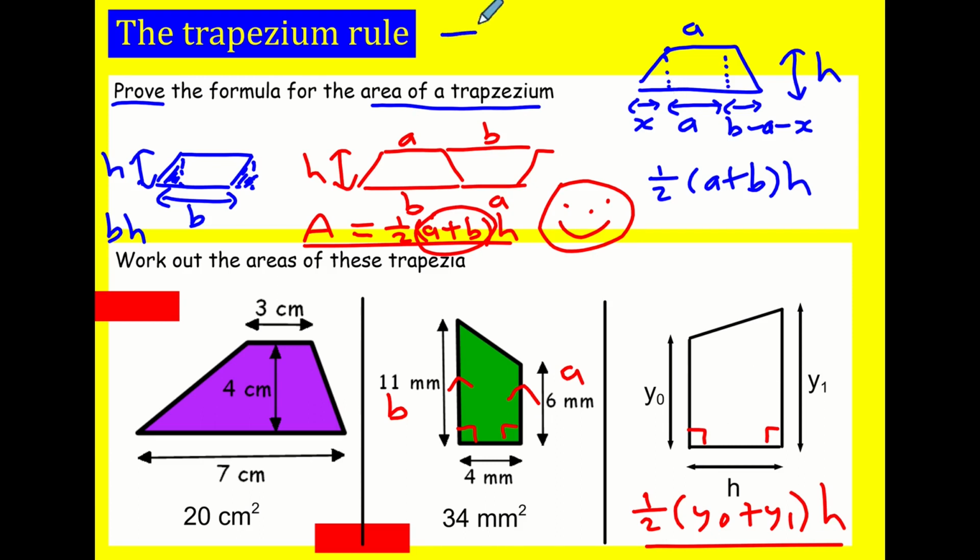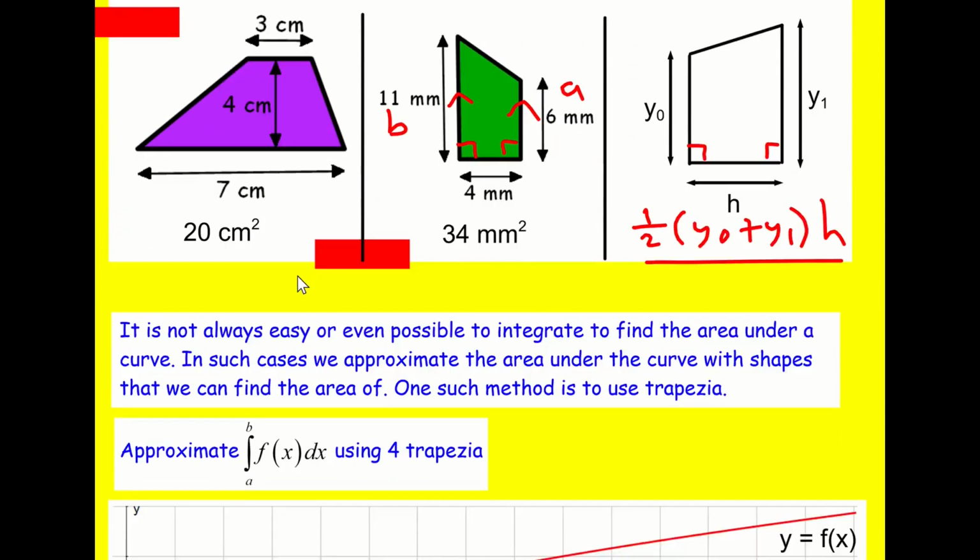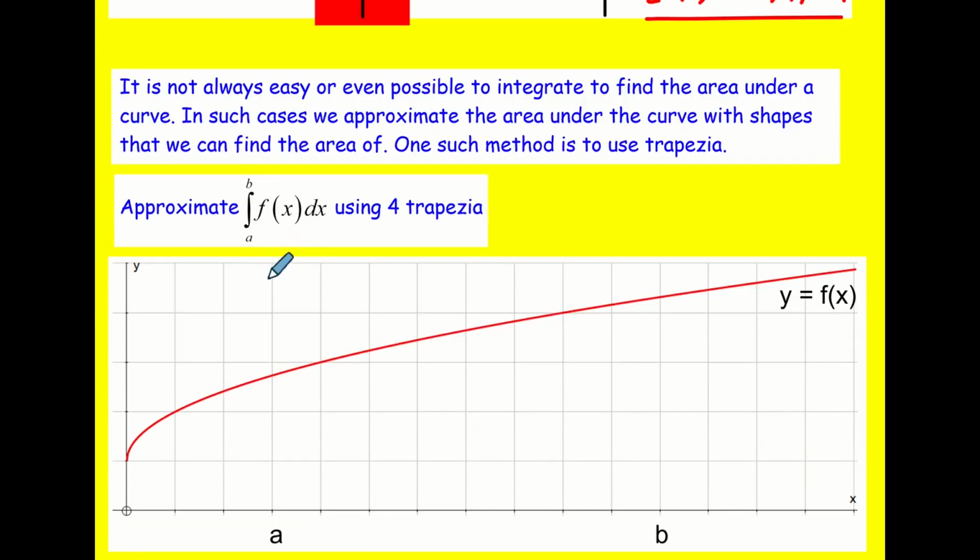So the question now is, what is the trapezium rule? The answer is that basically we're going to estimate curves using straight lines. We're going to change them from being these nice smooth things to things made up of straight lines, and the area underneath will then be trapezia.